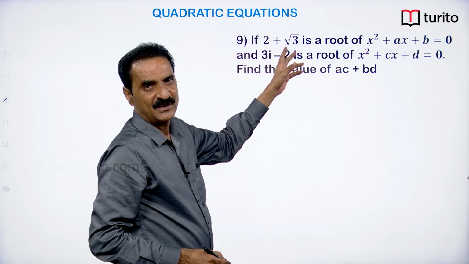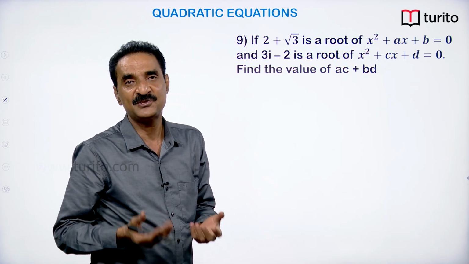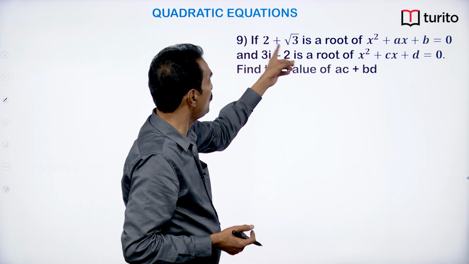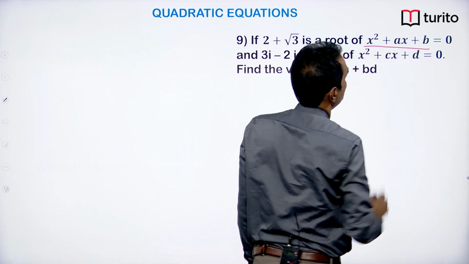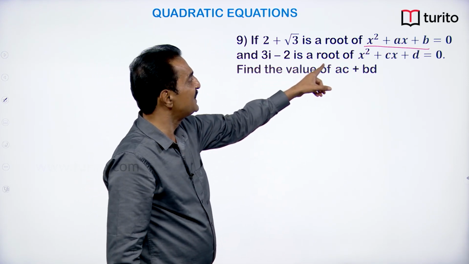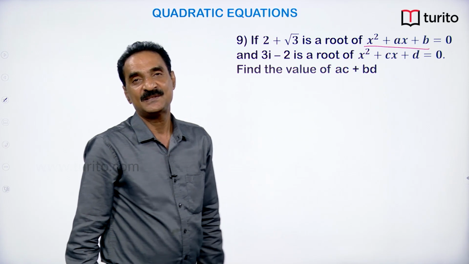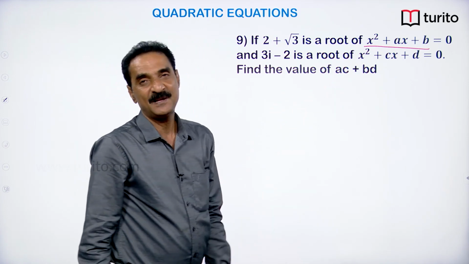This is a very simple question based on the points we discussed in the nature of roots. If 2 plus root 3 is a root of x square plus ax plus b is equal to 0 and 3i minus 2 is a root of x square plus cx plus d is equal to 0, find the value of ac plus bd.